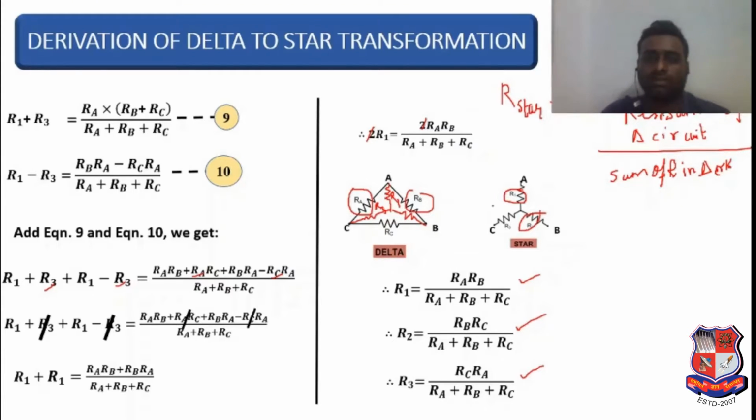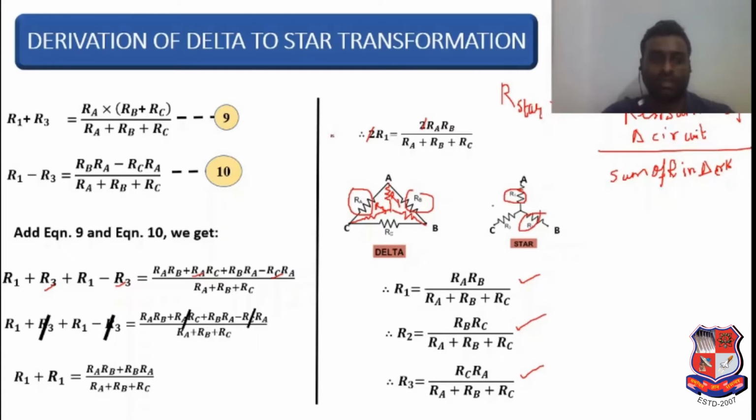So this is the general equation. The resistance of star connection, suppose this R1, will be the product of neighboring resistances, that is RA and RB, divided by the sum of resistances in the delta circuit, that is RA plus RB plus RC.